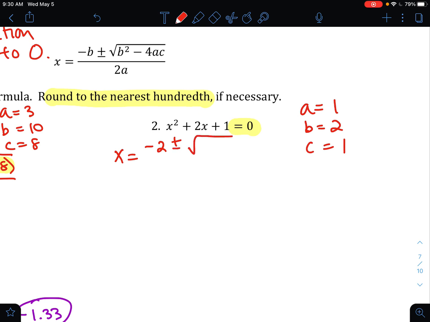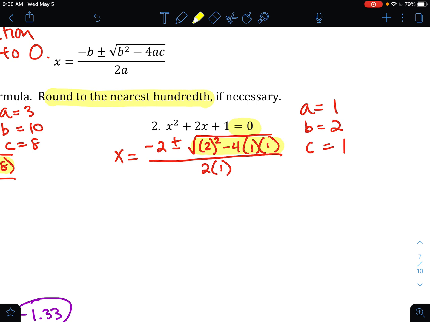Plus or minus, big square root sign. So the formula is b squared, so in parentheses 2 squared minus 4, and then parentheses a is 1, c is 1. All of that divided by 2 times a, so I'll do 2 times 1 in a minute. Okay, evaluate what's under the square root sign.